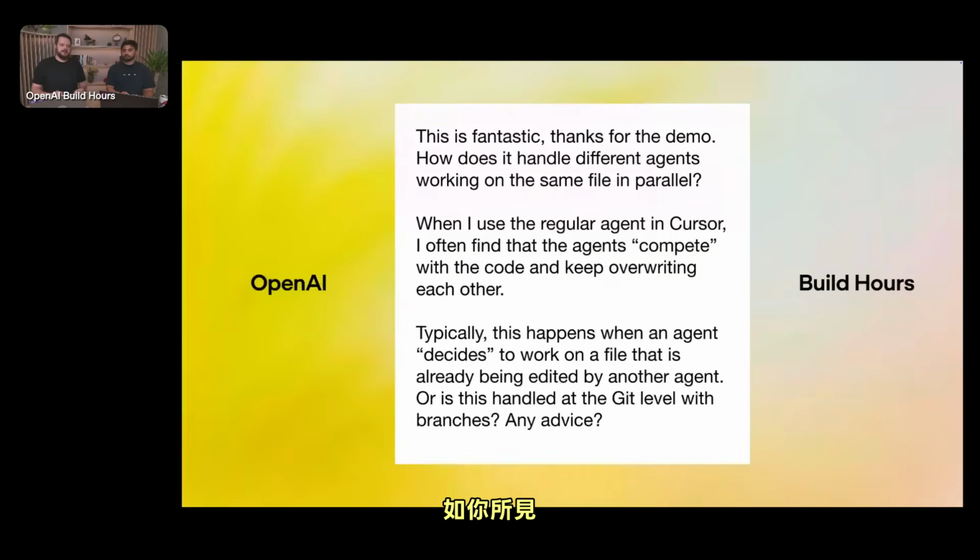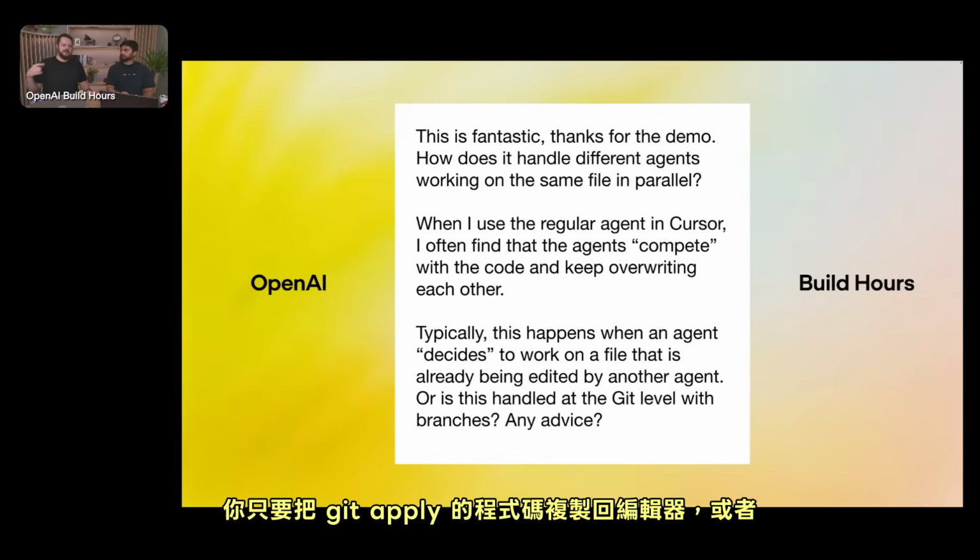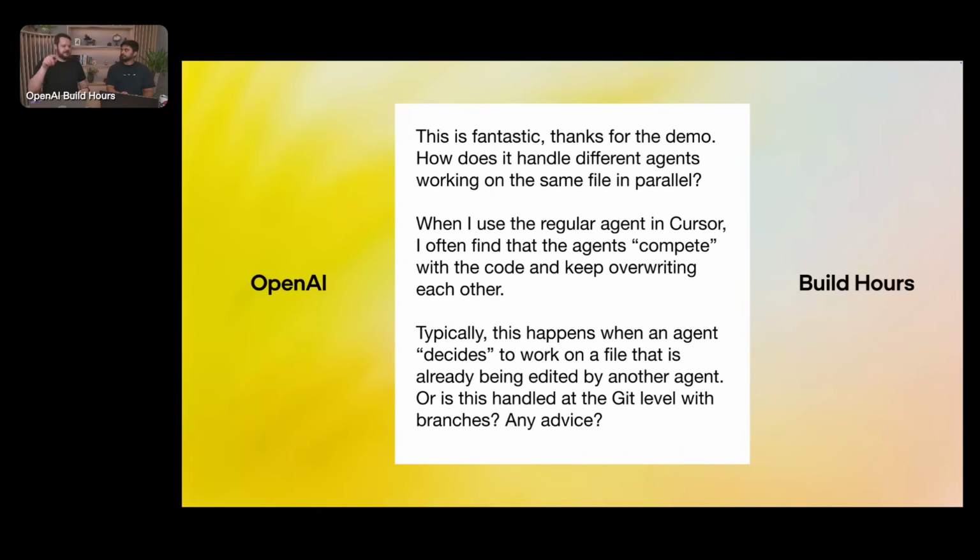And as you might have seen, you can use the local state of your project. If you got to a state where you want to kick off 3 things at the same time, but you don't want to commit it yet, you can kick off those tasks in the cloud and let them run there. When they're done, you just copy the git apply code back into your editor, or hit the apply button in the IDE, and then you can merge them in and iterate on them. That is the thing that I found easiest.